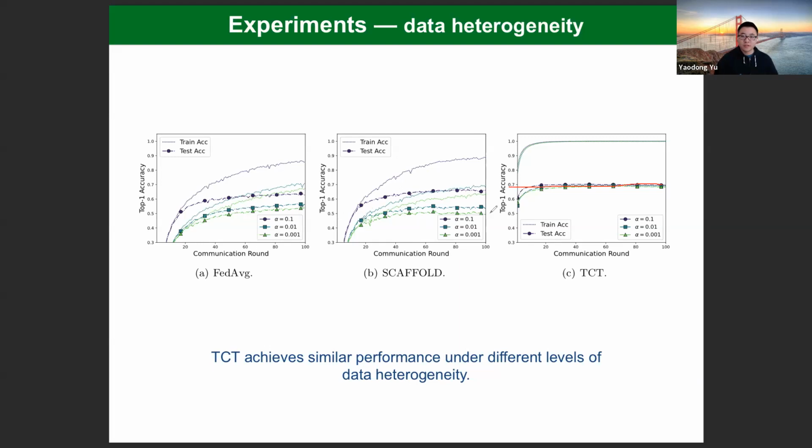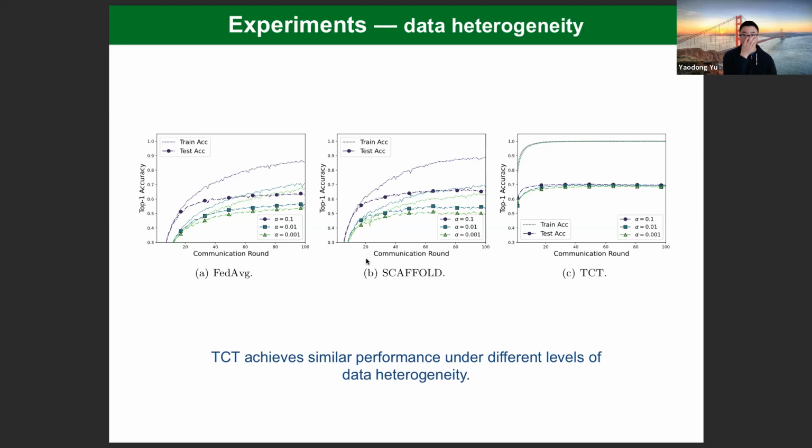But for federated averaging and SCAFFOLD, if the level of data heterogeneity is increasing, the performance is dropping by 10% plus. So this is very interesting, and shows that we tackle this data heterogeneity issue pretty nicely.